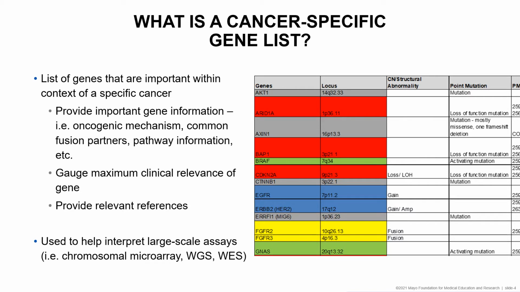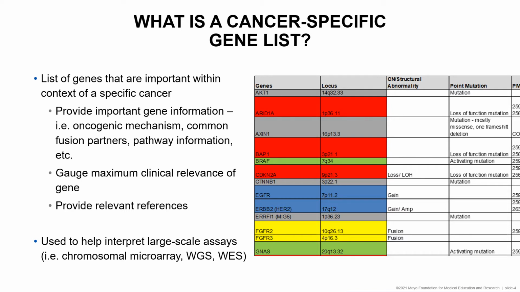A cancer-specific gene list is essentially a list of genes that are important within the context of a specific type of cancer. And in this gene list, we provide important gene information. So what's the mechanism of alteration? What are common fusion partners, pathway information, diagnostic, prognostic, therapeutic information associated with variants in each gene?